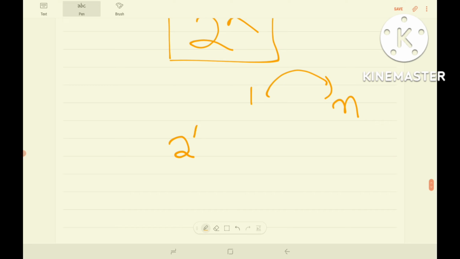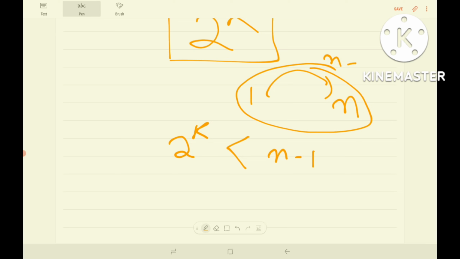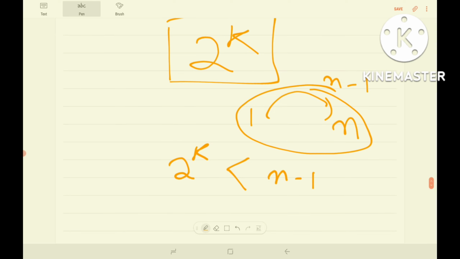Like 2 to the power k should be less than n minus 1, because to go from 1 to n you need n minus 1 steps, and in kth step, like in kth time step, like this step and time step that I'm talking about with this k is different.